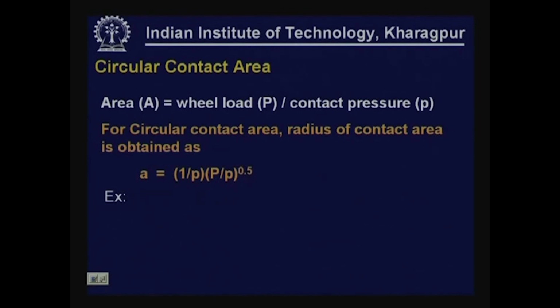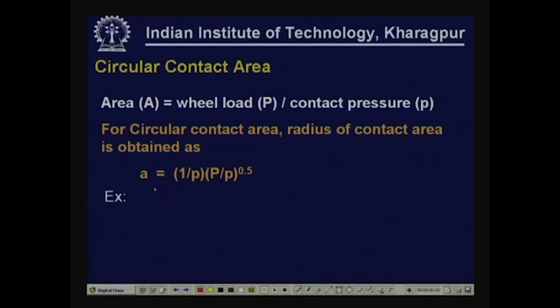For example, if you have a 20 kilonewton wheel load transmitted through a pressure of 0.7 MPa tire pressure, then the corresponding area of contact or the radius of contact can be obtained by equating the applied load to pi into radius of contact area square into 0.7.